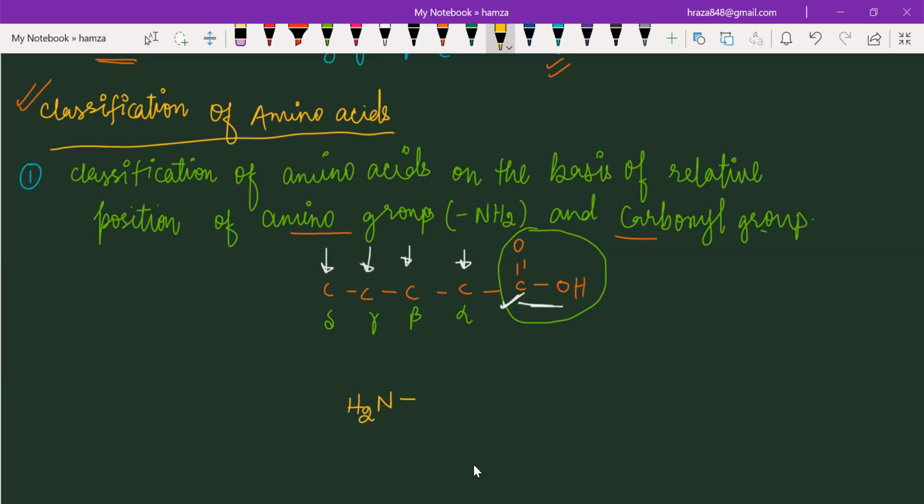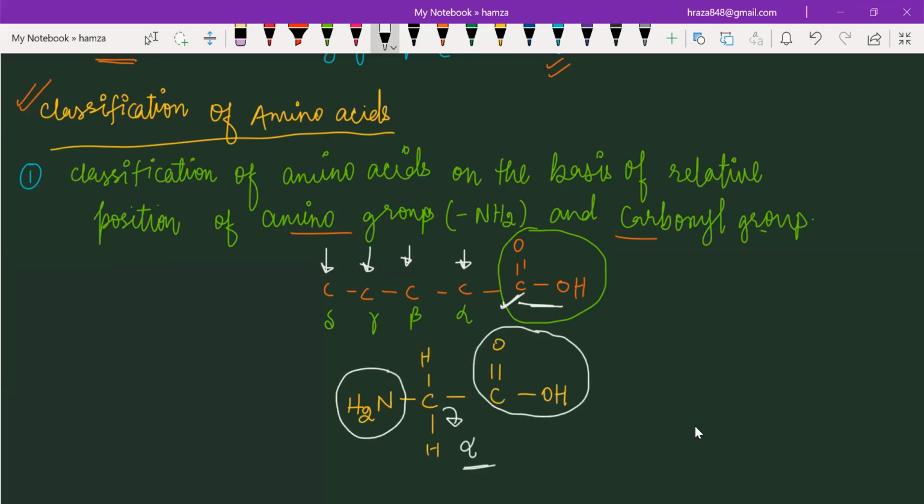That means this is an alpha amino acid, and its name is glycine. If NH2 is connected with the beta carbon, that will be known as a beta amino acid. If NH2 is connected with the gamma carbon, that will be known as a gamma amino acid. Is that clear to everyone?